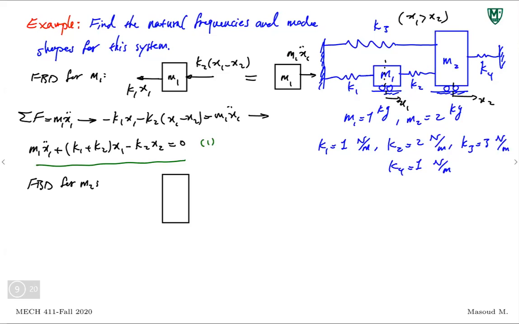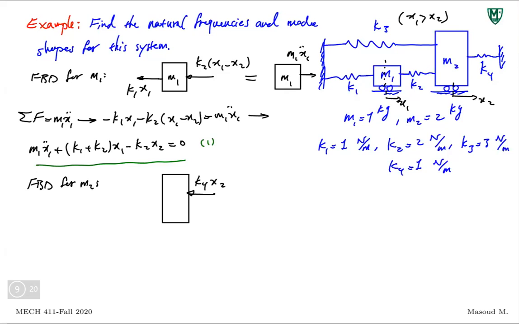All right, so M2 is going to the right. First, forget about M1 in this scenario and its connection to M1. Just M2 itself is going to the right. Because it's going to the right, K4 is trying to push it back to where it was. K4, the only displacement for that is X2. There's no connection with anything. The wall is fixed.